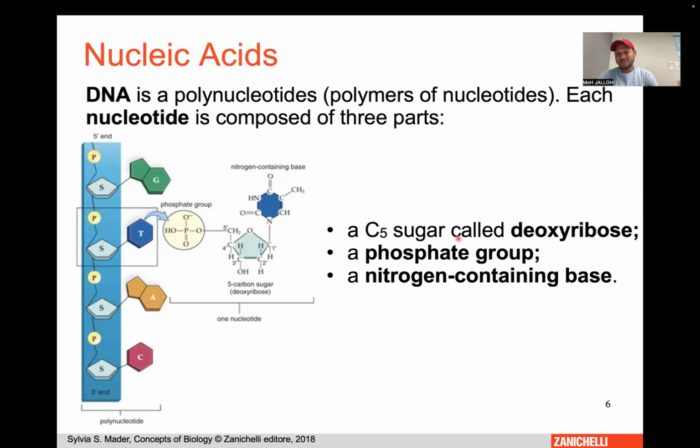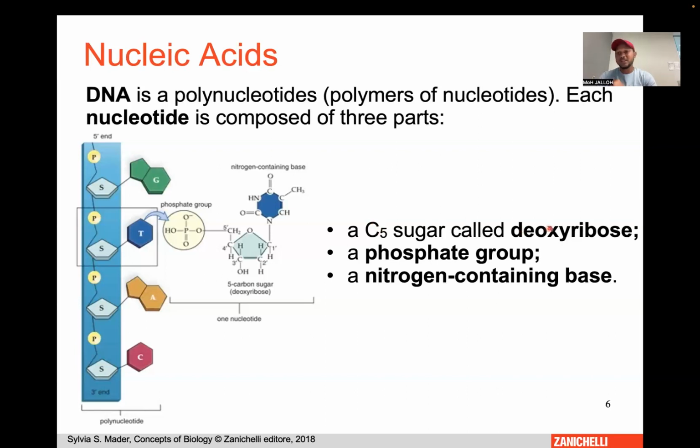So the C5 sugar called deoxyribose is unique to DNA. If it is for RNA, we know it is a ribose sugar. Since we are discussing DNA, we'll call it deoxyribose. But the one feature common to both DNA and RNA is that they both have 5 carbons. One of them is not 6 and the other 5. No, they both have 5, which is a ribose. Ribose means 5 carbon sugar.